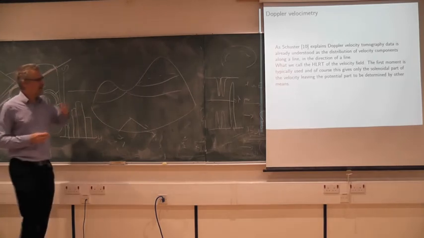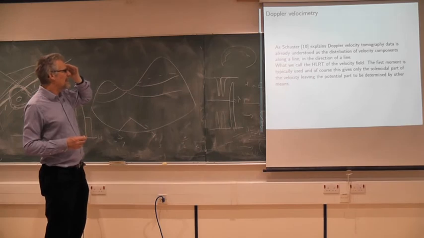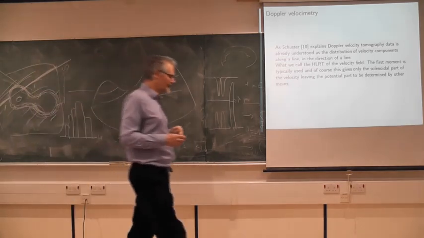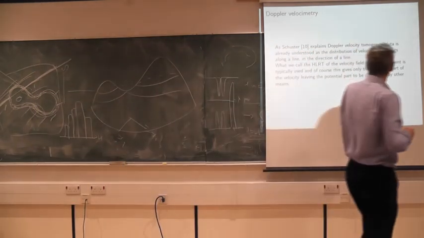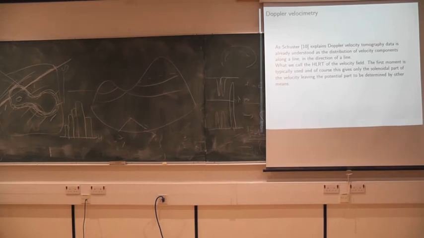Okay, so Doppler velocimetry. It's been around for a while. I don't know to what extent people are doing this in practice, actually. Doppler velocity tomography, at least, to try and get the whole velocity. So the obvious way to do it is that you just get the orthogonal complement of the potential part.